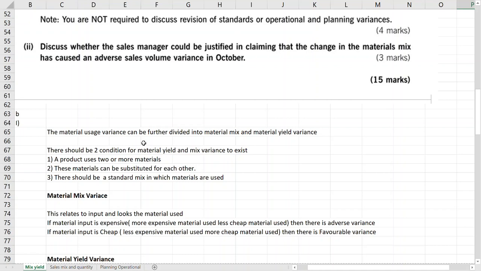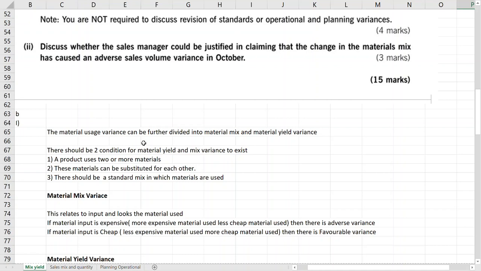Remember, mix and yield variance in cost only exist in material, they don't exist in labor. We don't calculate it for labor. Material usage variance can be further divided into material mix and material yield variance. There are conditions for material mix and yield variance to exist. 1, a product uses 2 or more materials.